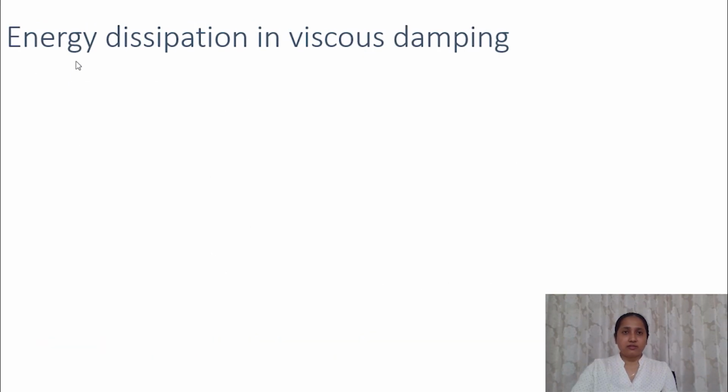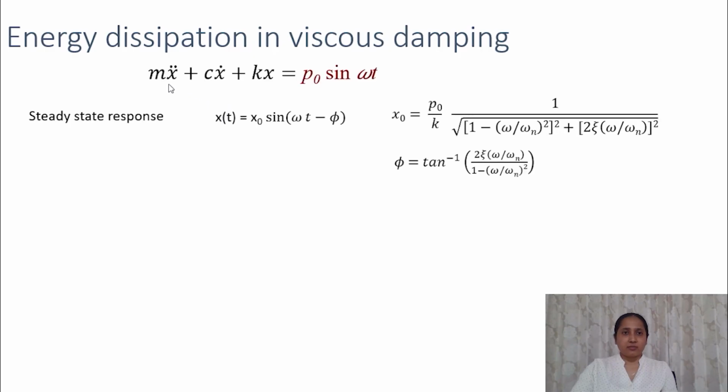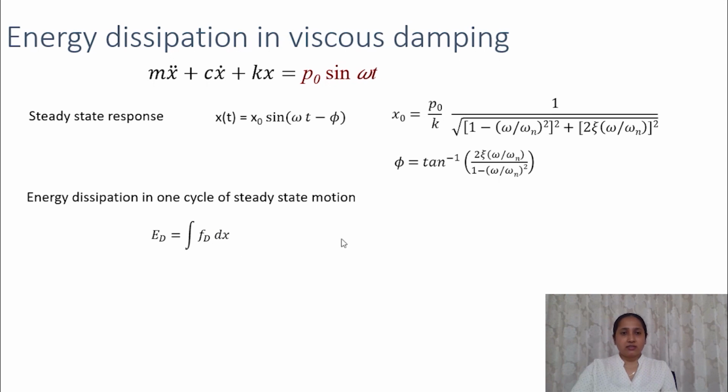Now let's see the energy dissipated because of damping. If we consider viscous damping, this is the equation of motion, and we know the expression for the steady state response. The energy dissipation in one cycle due to viscous damping is equal to the integral of Fd dx, where Fd is the damping force, equal to C, the damping coefficient, multiplied by the velocity.